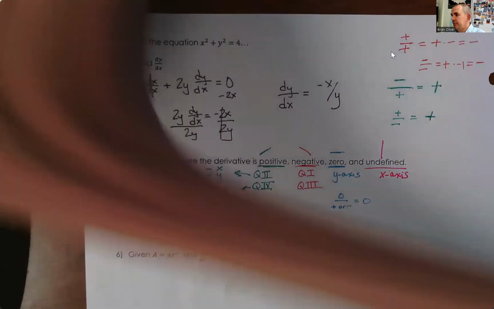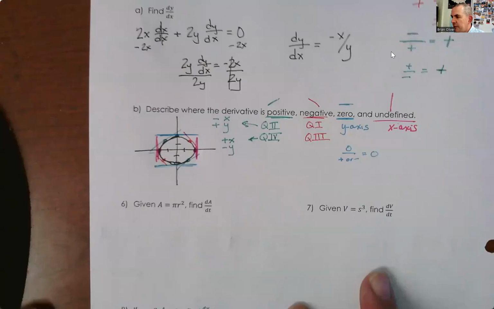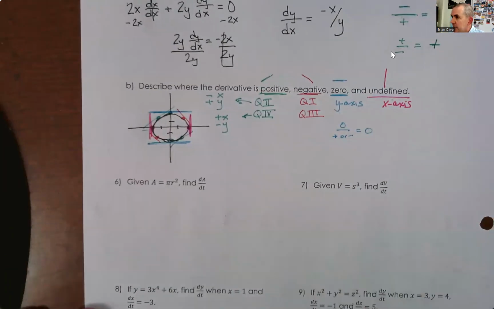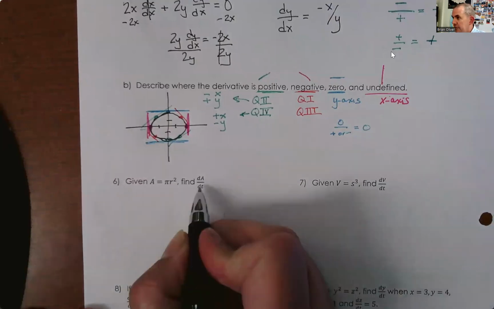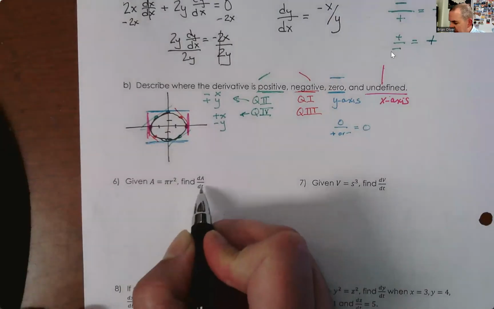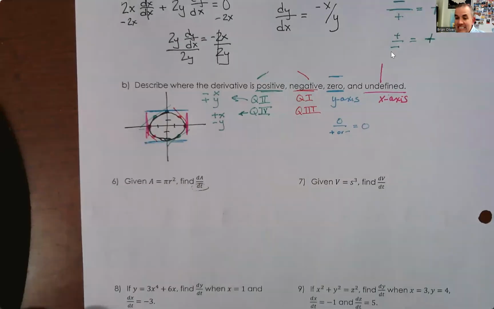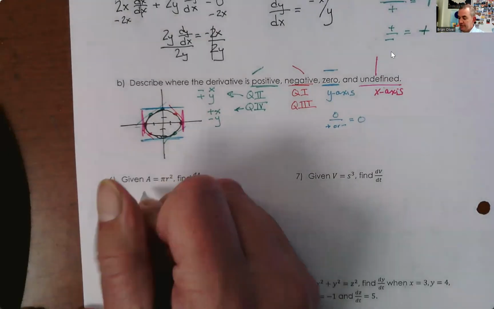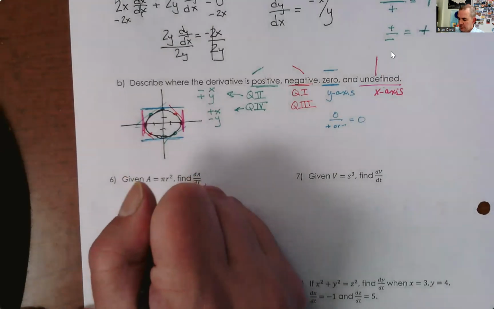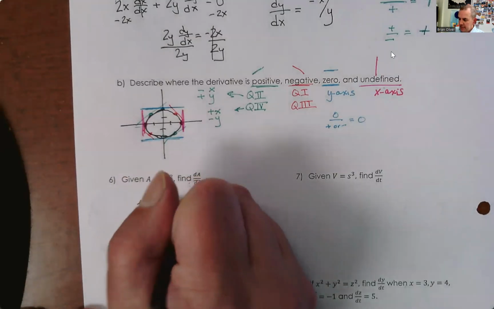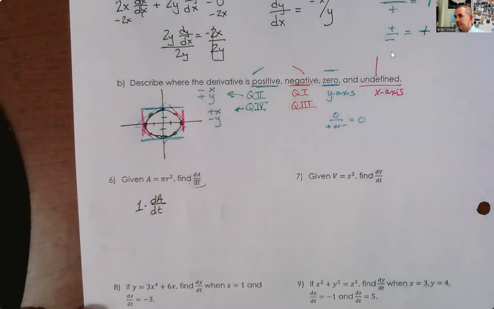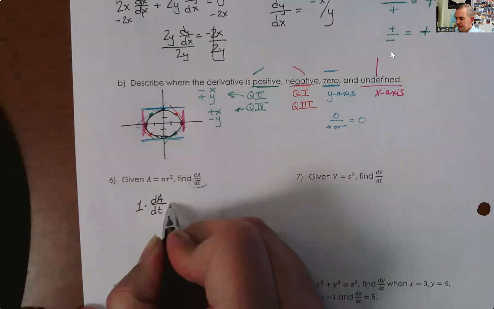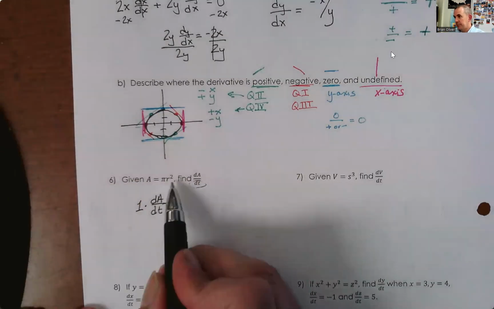And my last piece is, like I said, I can take the derivative with respect to anything. So I want to take the derivative of A with respect to t. So when I do this problem, the derivative of A, that's a variable, so that gives me a 1 times dA/dt. Take the derivative of the other side, pi r squared.